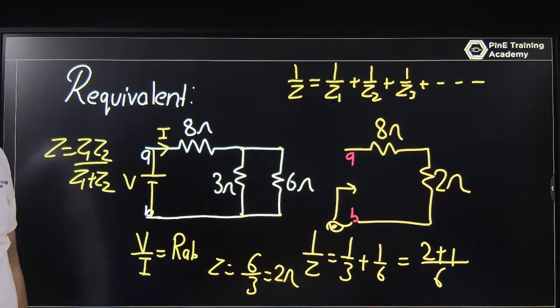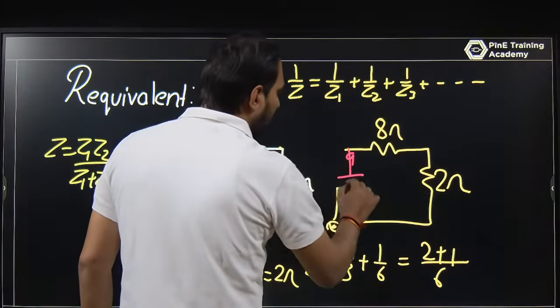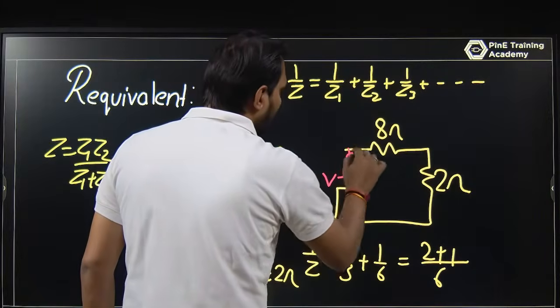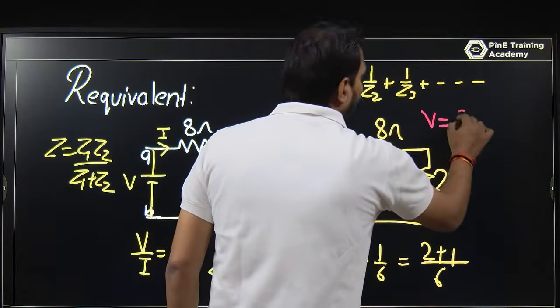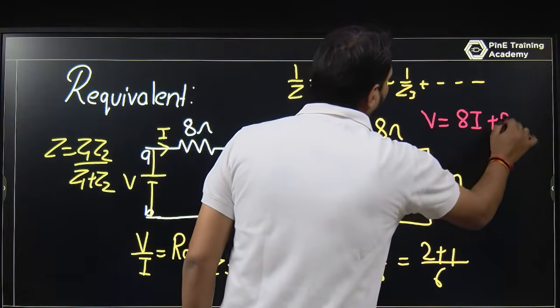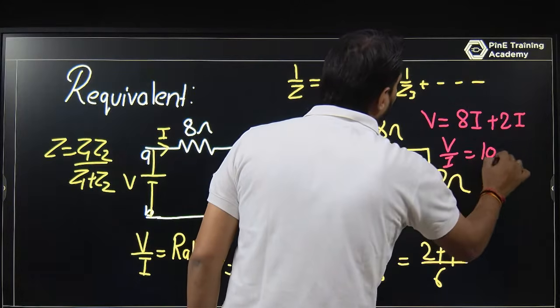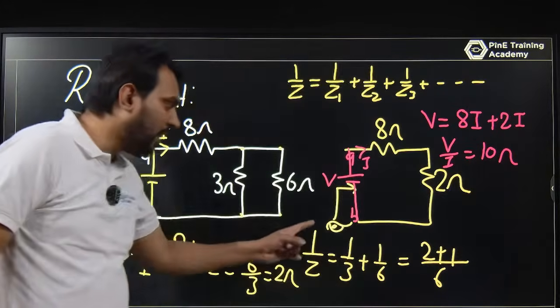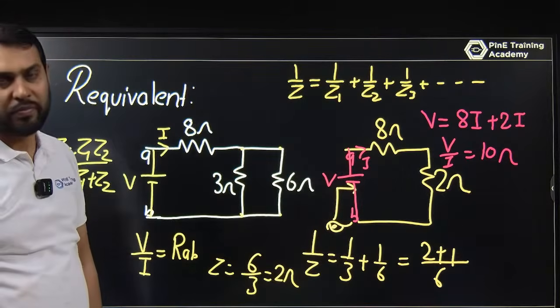Or if you have confusion, use the voltage source with V and I: V is equal to 8I plus 2I, so V upon I is equal to 10 ohm. Or you can write it in one line: 8 and 2 are in series, so 8 plus 2 is 10 ohm.